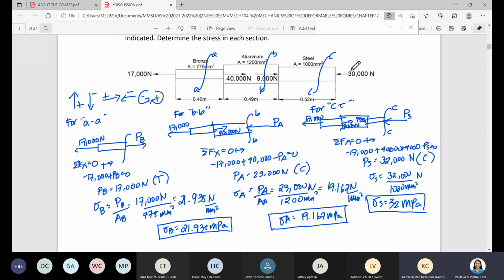This one, 30,000. Kung gusto nyong magsimula dito sa CC, pwede mong gamitin itong 30,000. Sige, try nyo mamaya magsimula dito sa CC, magamit nyo yung 30,000. Same lang makukuha yung mga forces. Thank you, ma'am. Para mapatunayan nyo, try nyo mamaya.